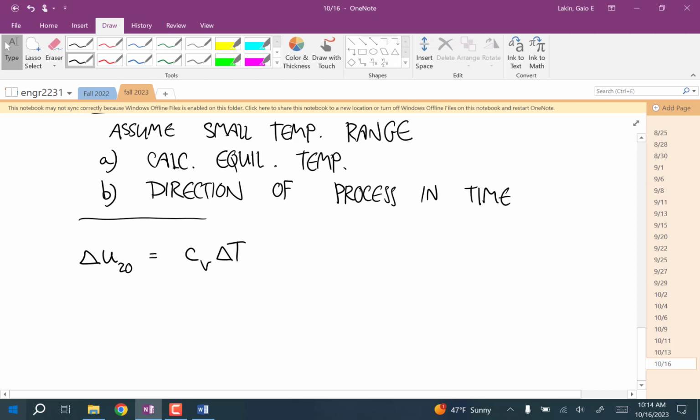Let's see, CV. We're going to assume, and you can look this up in that full set of tables for different gases, that CV for air in roughly this temperature range is about 0.72 times 10 to the third.